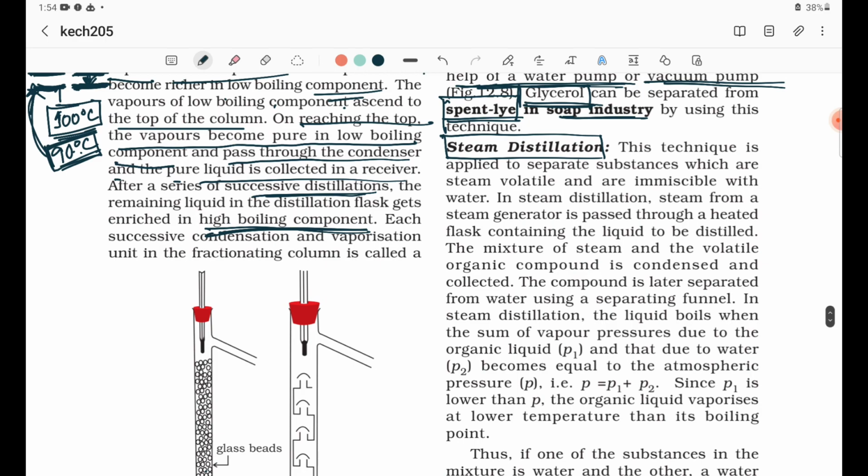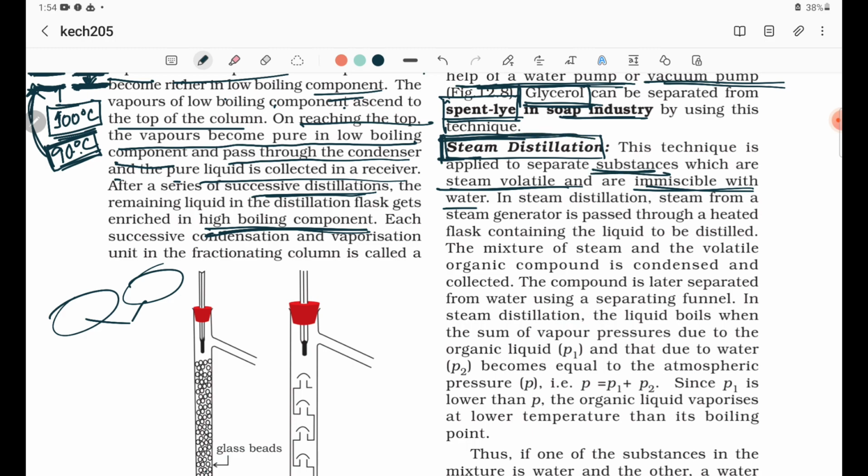and this technique is applied to separate substances which are steam volatile and immiscible with water. So suppose you are given that there is this type of mixture, what type of distillation will we use? What this method is used to separate is very important.